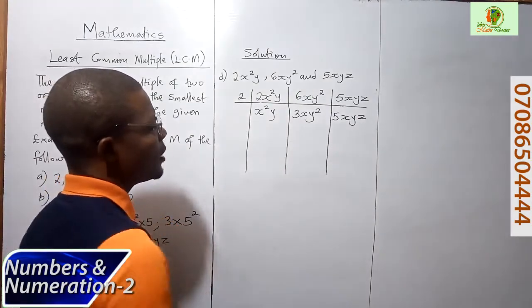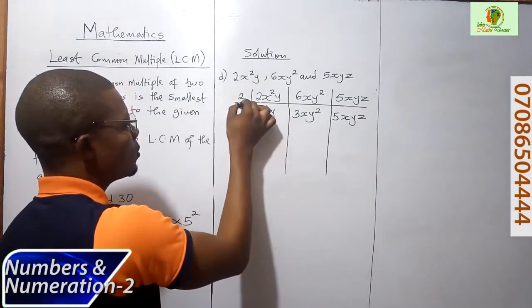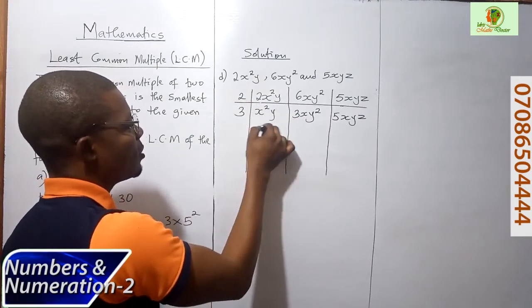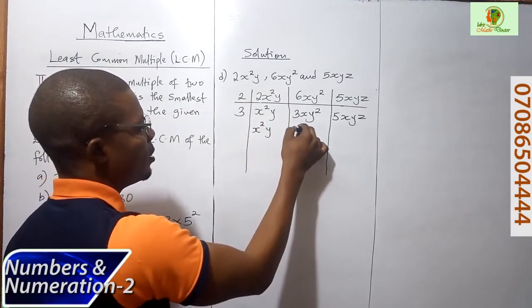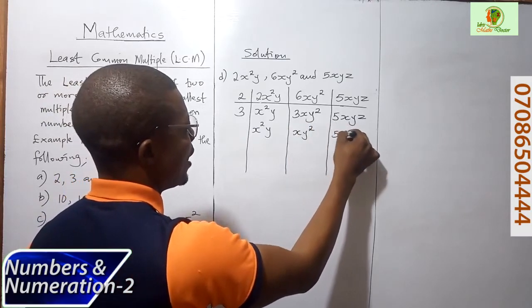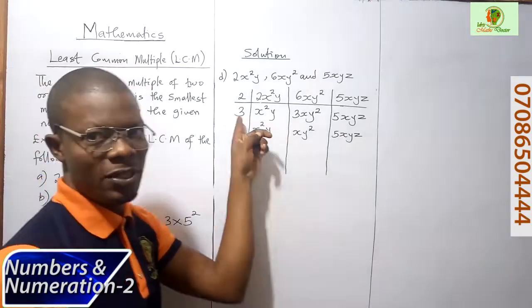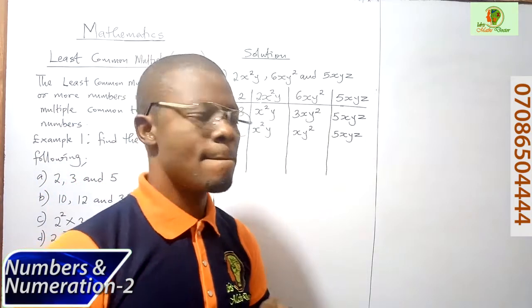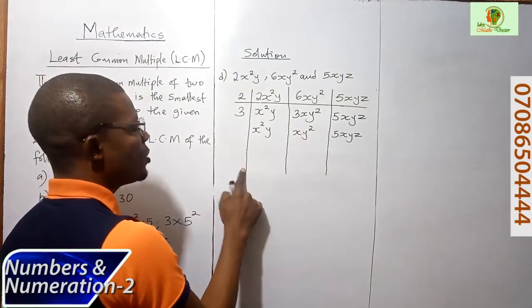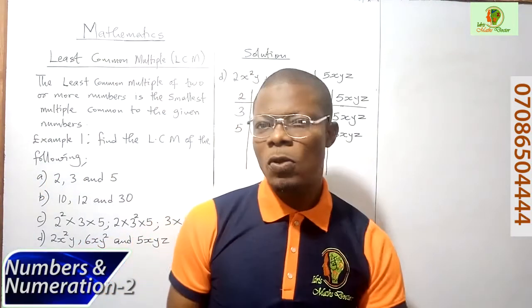We look at the coefficients now, we are left with what? 3 and 5, so we use 3. That gives us x squared y, xy squared, and what? 5xyz, because 3 divided by 3 is what? 1. The next we are going to use is what? Is 5, so that we get rid of the coefficients.